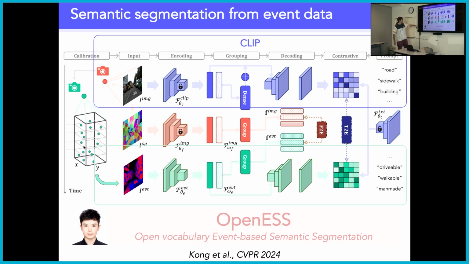This is done through what we call superpixels. These superpixels are based on another network, the SAM model, Segment Anything Model. From these superpixels, through contrastive learning, we can force the network to encode the properties of the events like the properties of the image. In the very end, we can train the network and adapt the knowledge from CLIP to the event-based network.